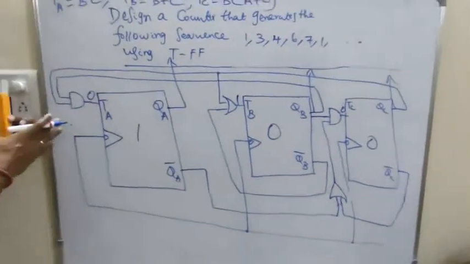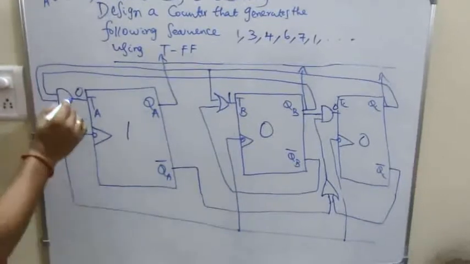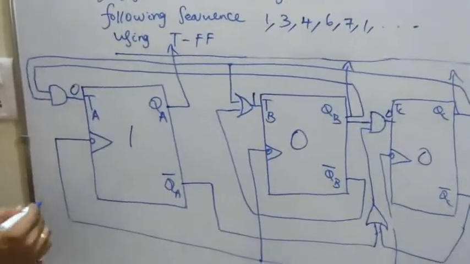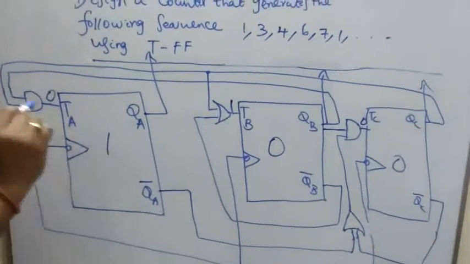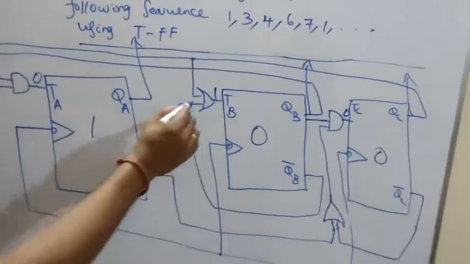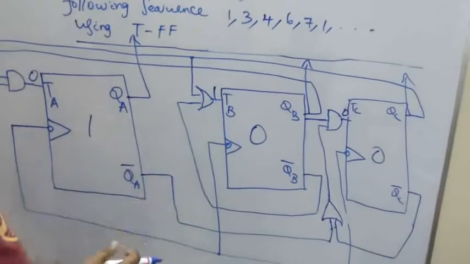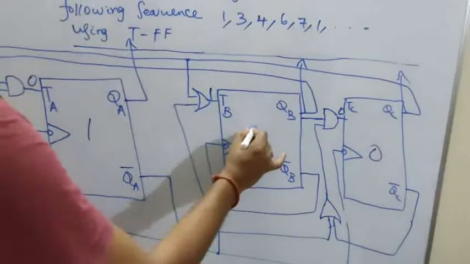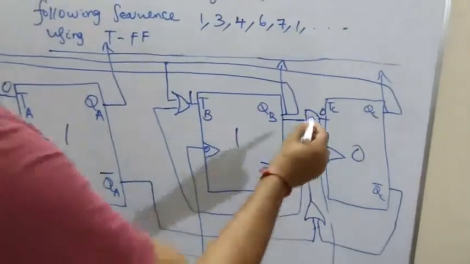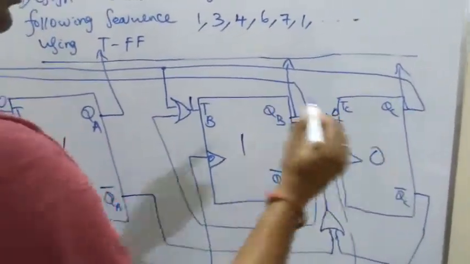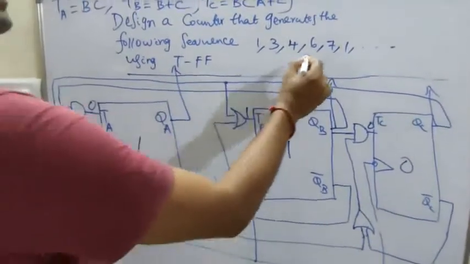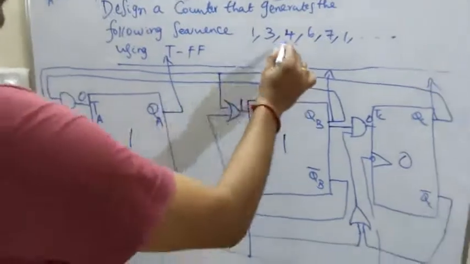Now while applying the clock pulse simultaneously, what would be the value? 0 is the input of T, so no change. Here the T input is 1, so toggle. 0 becomes 1. Here TC input is 0, means no change. What is the next state? It has moved to the next state called 6. From 4 it has moved to 6.